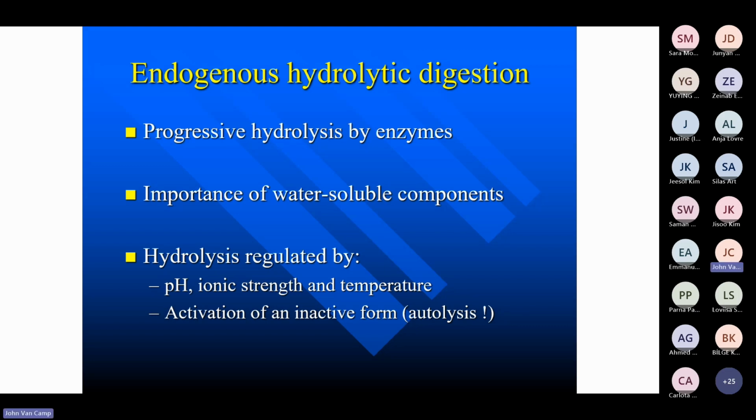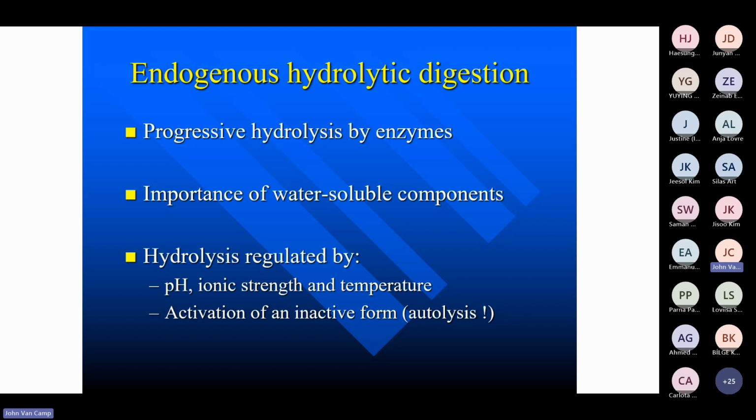The whole process can be regulated. So it means that we have some tools available to modify a little bit the conditions in the GI tract. So we're mainly talking about the pH. You can play with this in the stomach and in the small intestine.